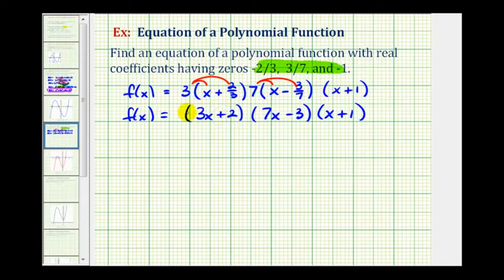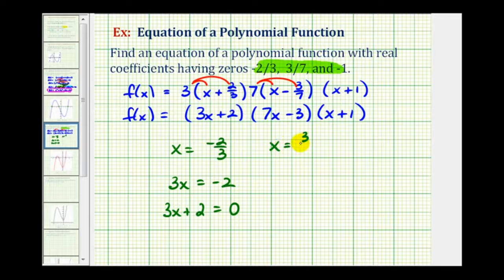Another way to come up with this factor here, knowing the zero is negative 2/3, we can say we know x equals negative 2/3 is a zero. If we multiply both sides of this equation by 3, we would have 3x equals negative 2. If we add 2 to both sides, we would have 3x plus 2 equals 0. Therefore, 3x plus 2 would have to be a factor. And the same thing for x equals 3/7.